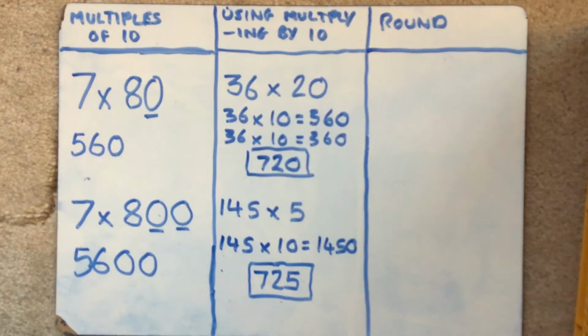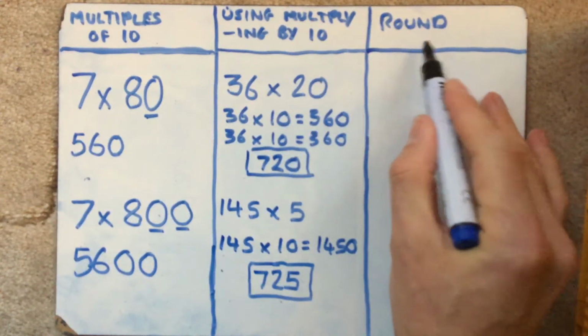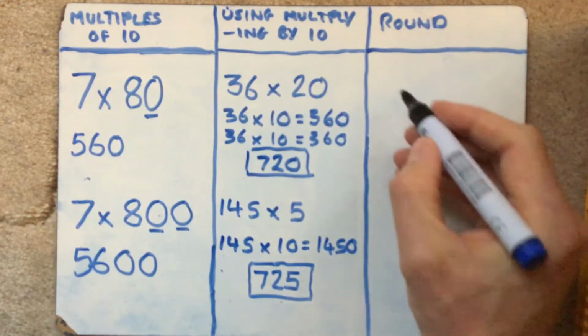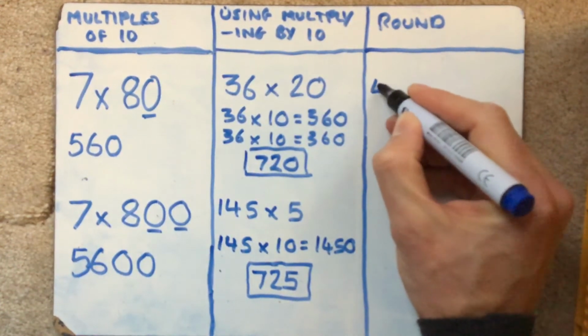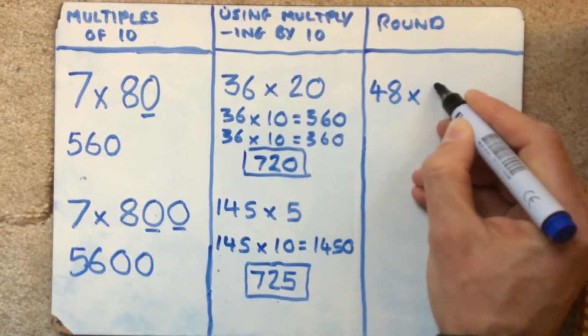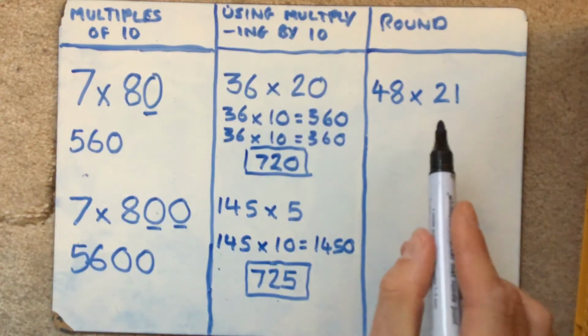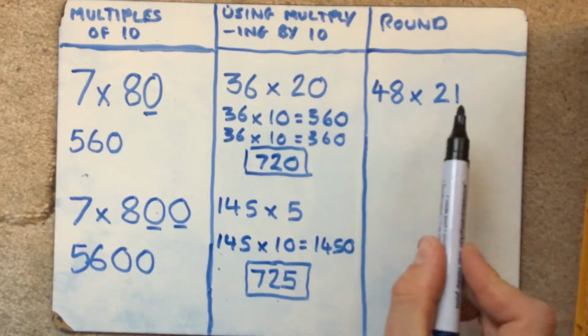And then finally, one we have talked about in class, but sometimes not confident with, is rounding. So let's look at 2 examples here. Let's start with a nice big example, 48 multiplied by 21. Well, I can incorporate 2 of my strategies here.